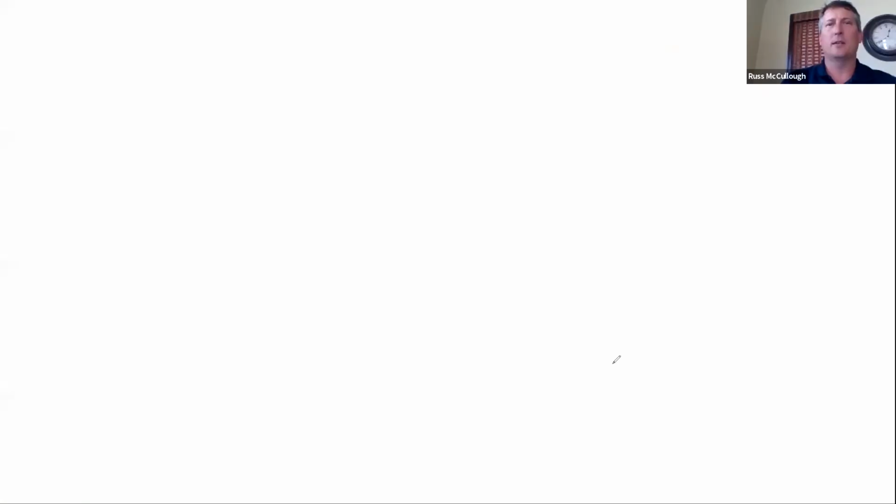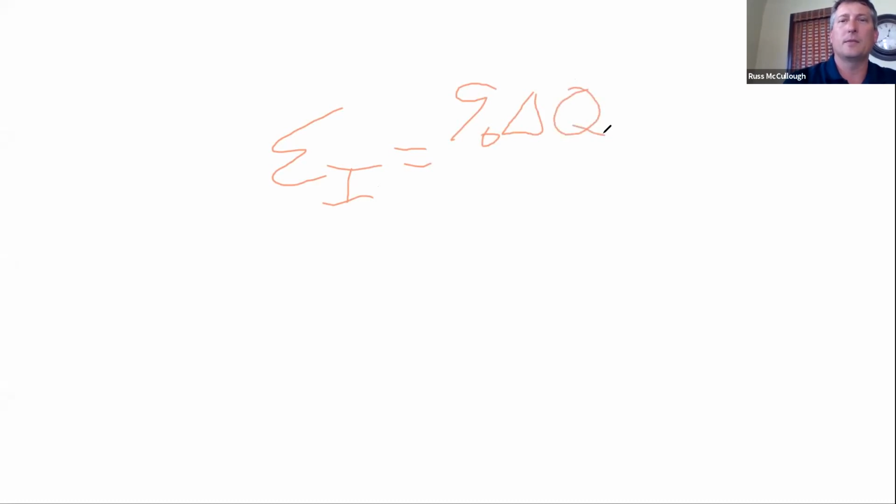So let me do a little whiteboard stuff here. We have the income elasticity is equal to the percentage change in quantity over the percentage change in income, right?